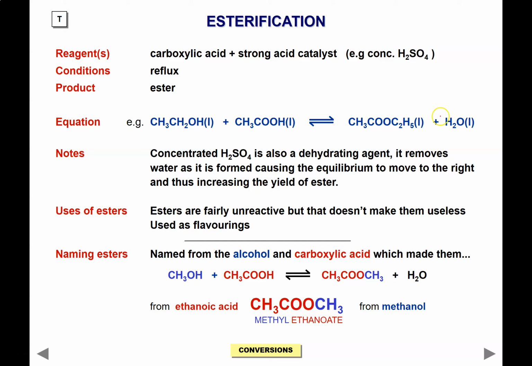If you had a lot of this water at this side, it would cause the backwards reaction to occur, and it would reduce your yield of your ester. Okay, esters are fairly unreactive, but that doesn't make them useless. They're often used as flavorings. Okay, and this is how we would go about naming an ester, which you should already know about at this stage.